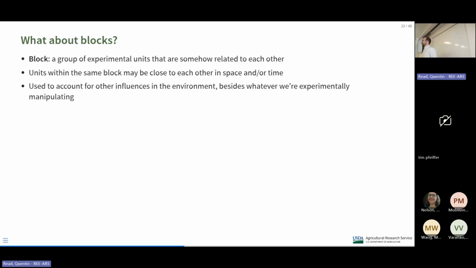And why do we use blocks? They can be used to account for other environmental variation or influences besides the thing that we are actually trying to test experimentally. This can give us more statistical power, a higher chance to detect a true effect that exists than we would have with a completely randomized design.